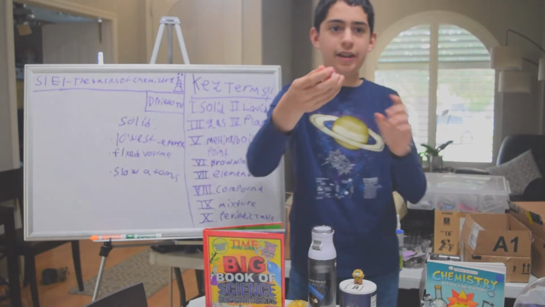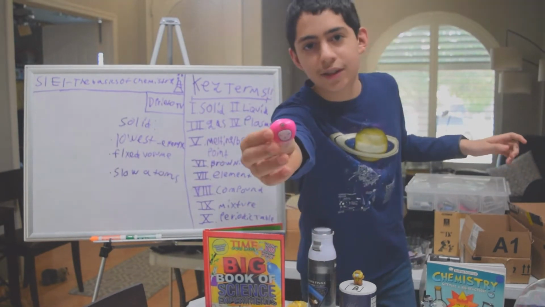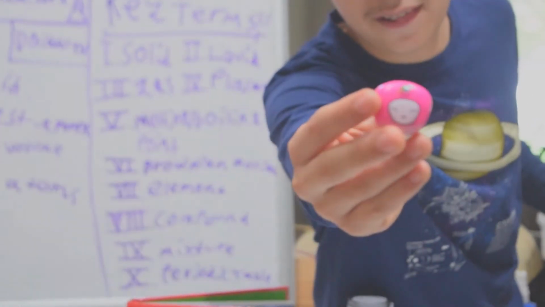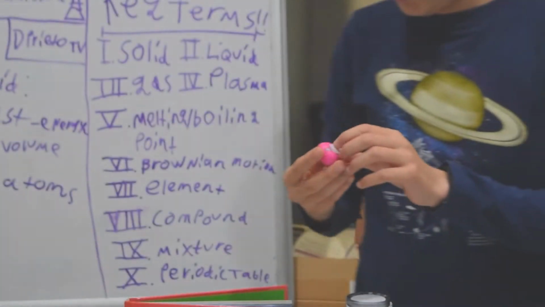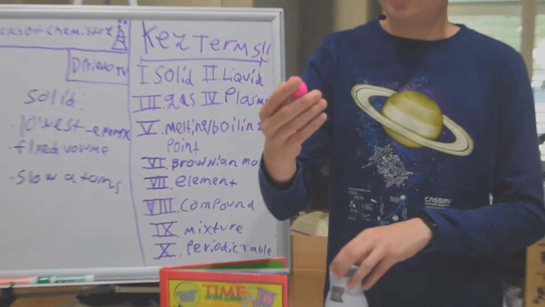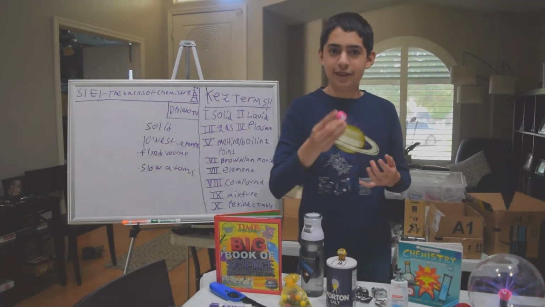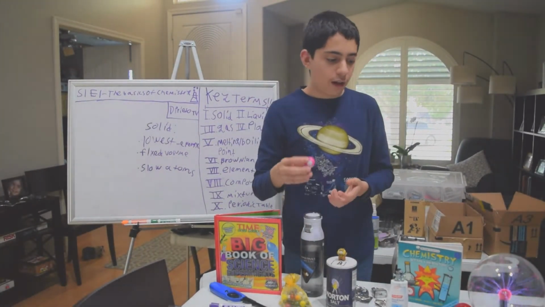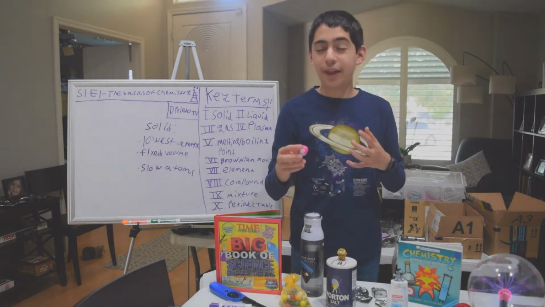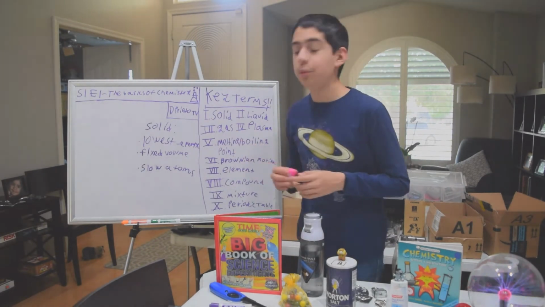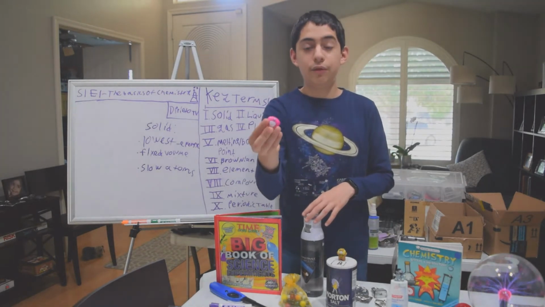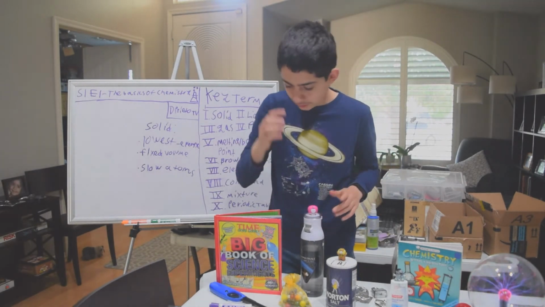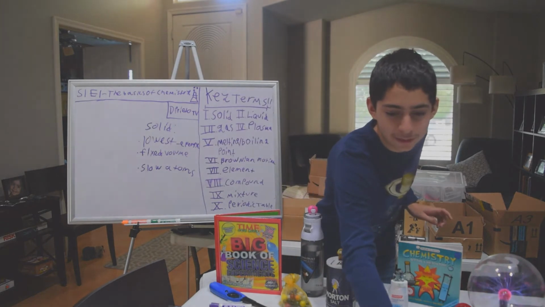So atoms inside a solid are very slow. You can see my model atom here, off the camera. Can you see it? Yep, there's my atom. This is going to represent the atoms inside every solid that we know, which are very slow. They're not incredibly fast, unlike gases, which have very fast atoms. These atoms move very slowly.